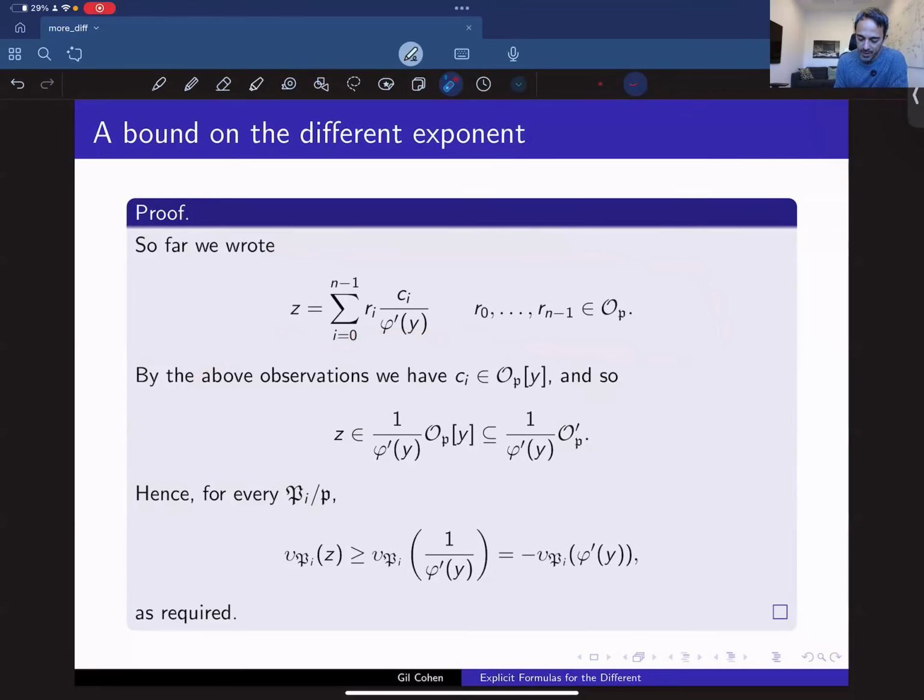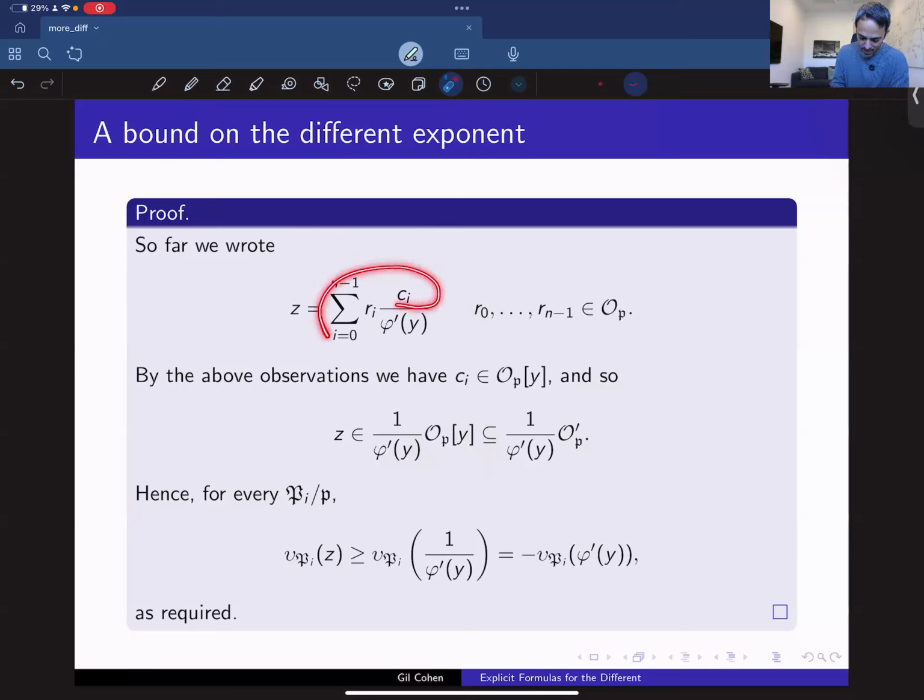And now, by the above observation, what you can do is take this 1 over phi prime y and take it outside, and then you will be left with this sum of products of Ri, Ci, but we know that the Ri's are in OP, and the Ci's are in OPY. That's the folding backwards thing that we did before.